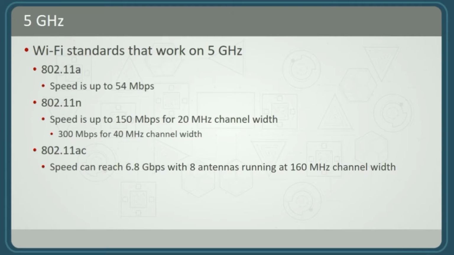And then we see, again, the same doubling factor here, 300 megabits per second, if it's on a 40 megahertz channel. Then AC, in theory, can reach speeds of up to 6.8 gigabits per second with 8 antennas, all running at 160 megahertz channel widths. So again, that's not particularly common in any kind of practical implementation yet, but it does actually have that capability.